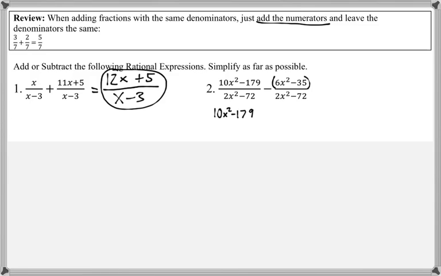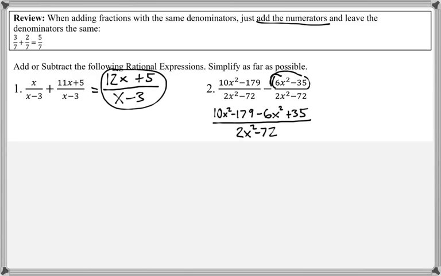Again, this minus sign applies to both of them. It's like a minus 1 times those. So it'll be a minus 6x squared plus 35. And this is all over the 2x squared minus 72.